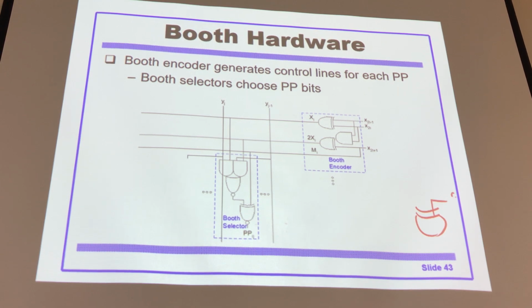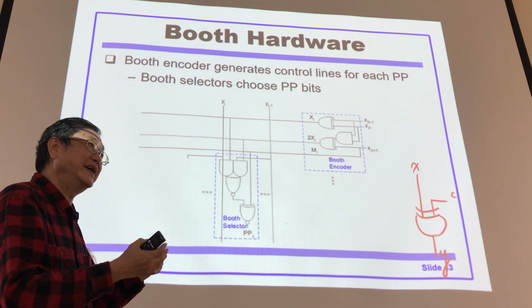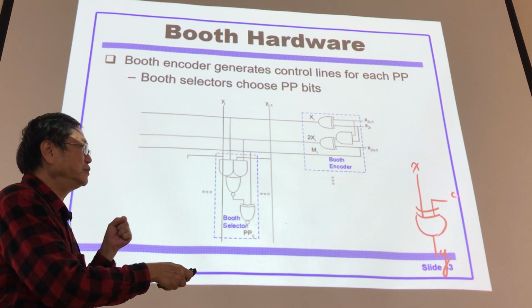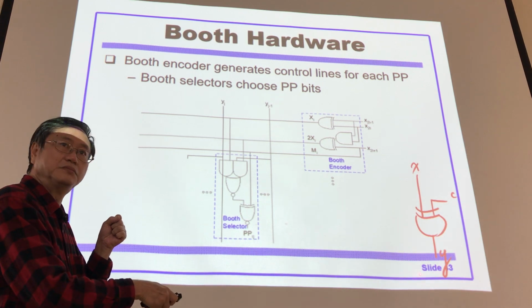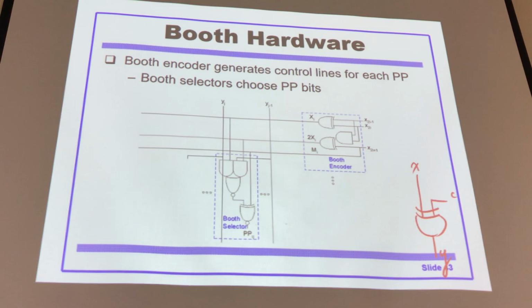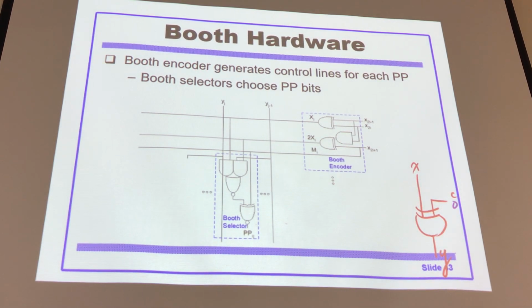It is the control bit. The XOR gate is just like a control gate. C is a control signal. If 0, X passes through. When C is 0, Y will be X, just pass through.